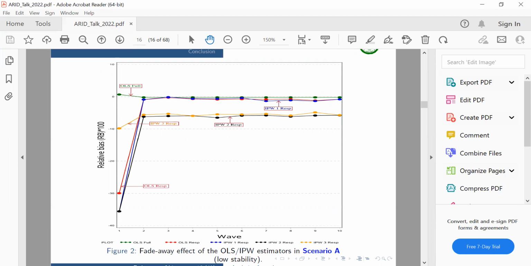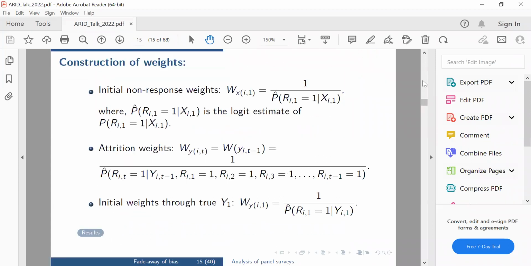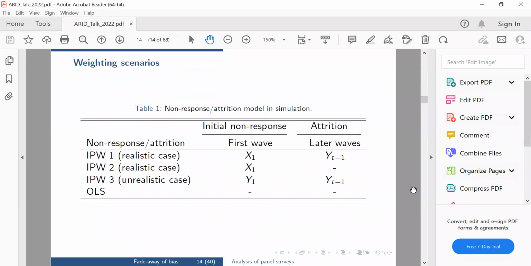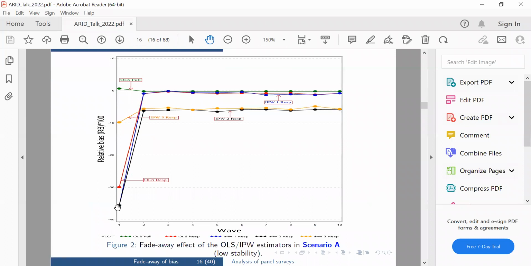Secondly, here we are using the inverse probability weighting scenario, and you see this blue line, which is the IPW1 respondent sample. Here we use weights by the covariate, which is x1, to reduce the non-response bias. But instead of reducing the non-response bias, it basically increases it.